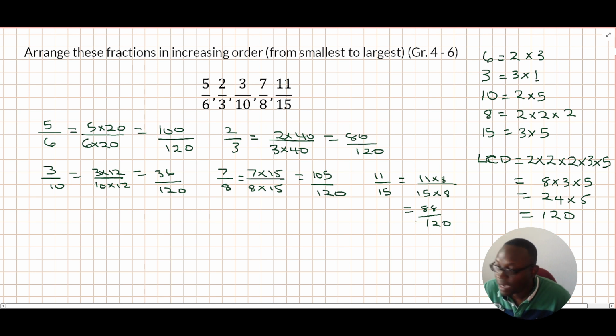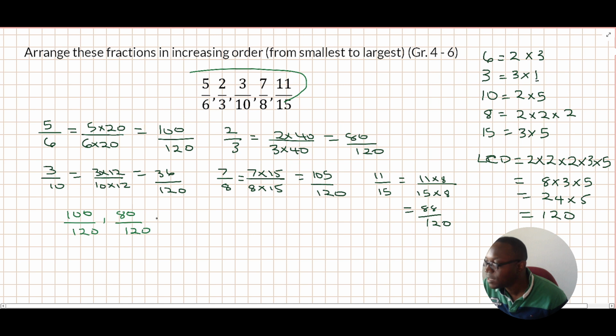So let's go ahead and rewrite all of these fractions, replacing them with the new fractions we created. So 5 over 6 is 100 over 120. 2 over 3 is 80 over 120. 3 over 10 is 36 over 120. 7 over 8 is 105 over 120.